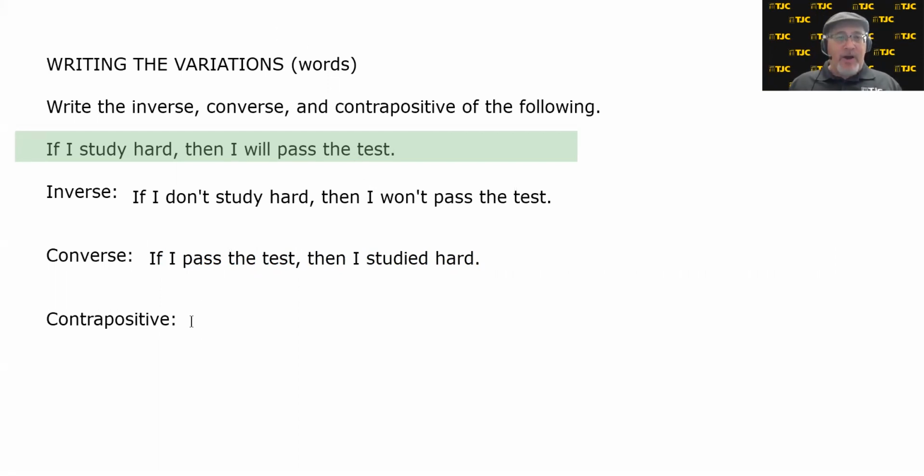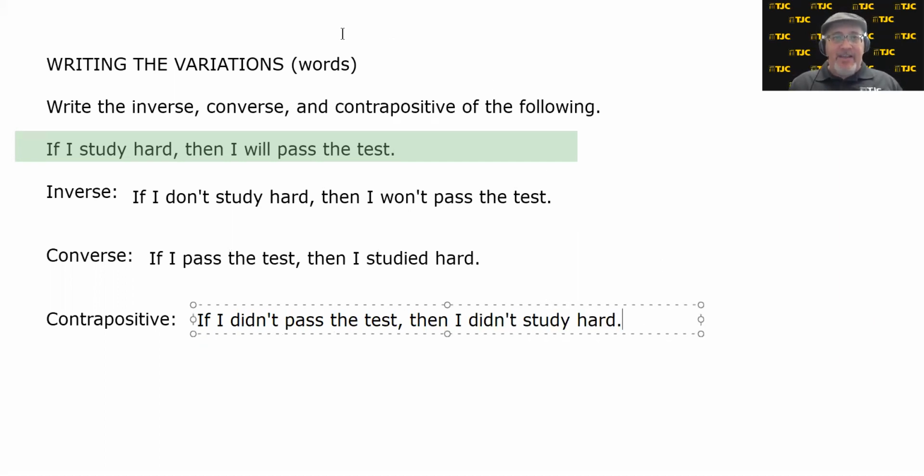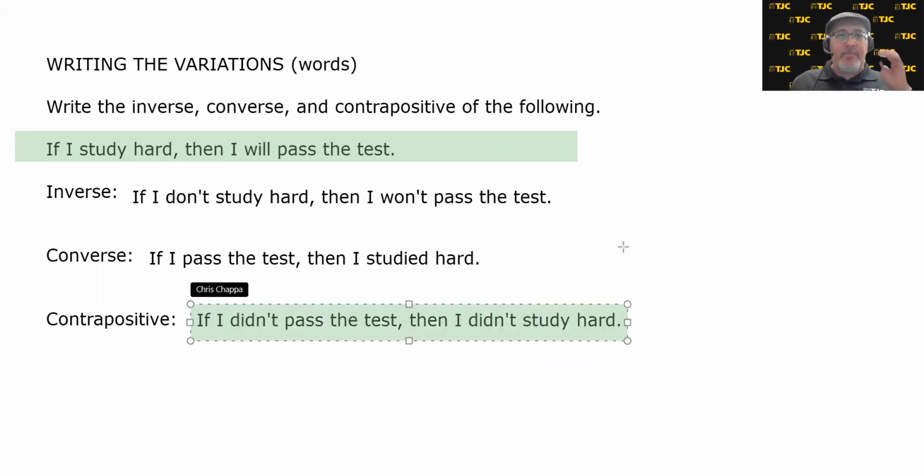But what's the contrapositive? That's where you both switch and negate. So if I didn't pass the test, then I didn't study hard. And that is logically equivalent. Because think about it.